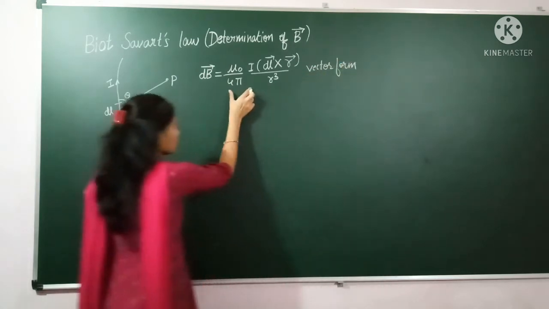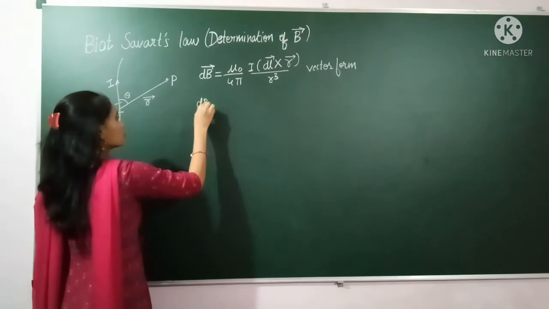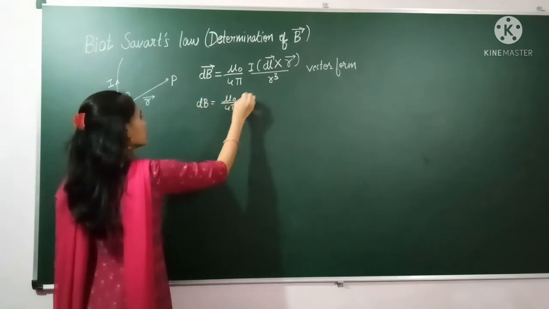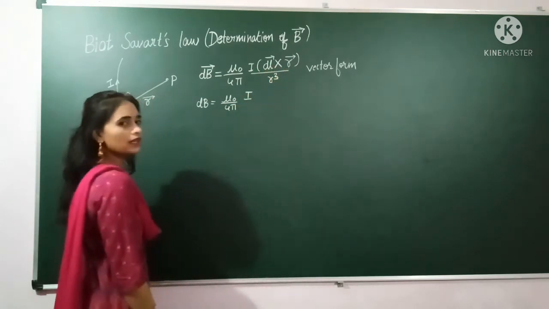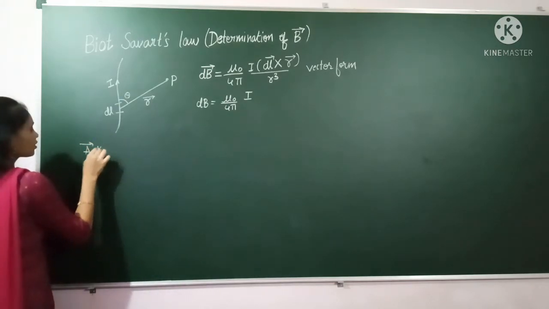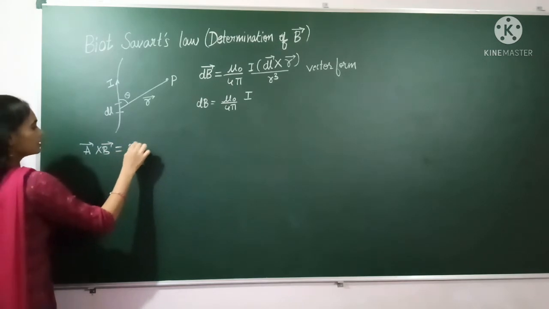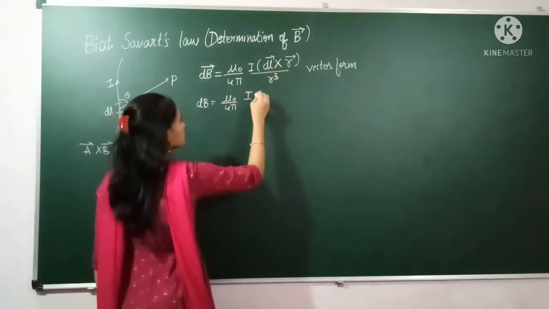Next, this same equation can be written in scalar form as dB equals mu naught divided by 4 pi, I, dl cross r can be written as dl r sin theta, because we have studied that the cross product of vector A and vector B can be written as AB sin theta.